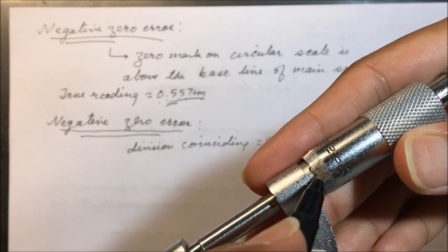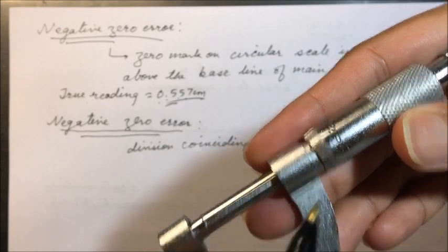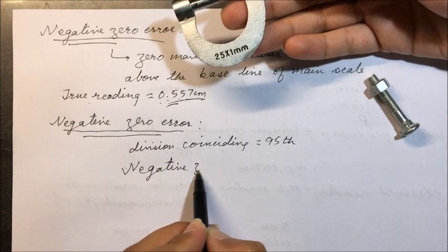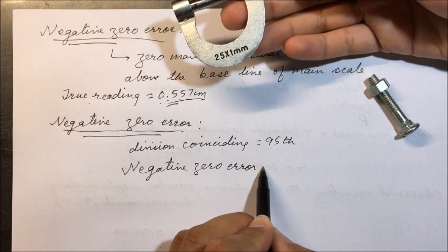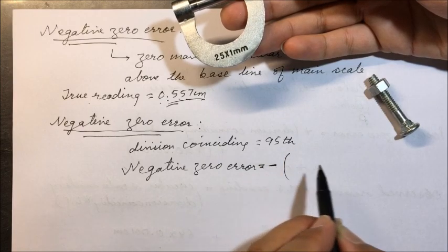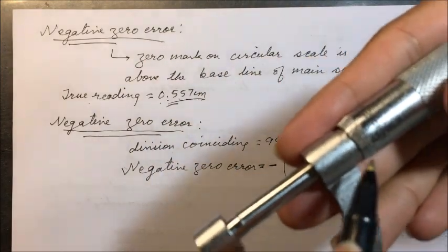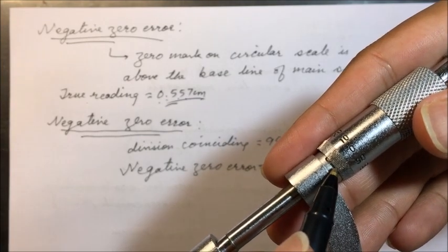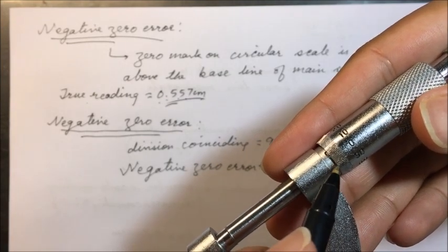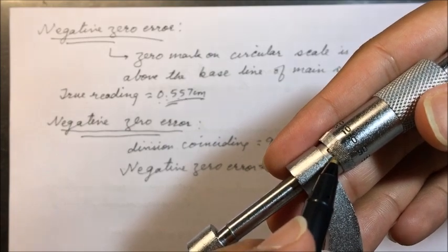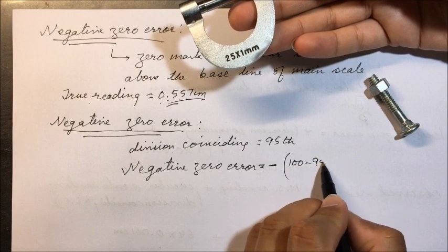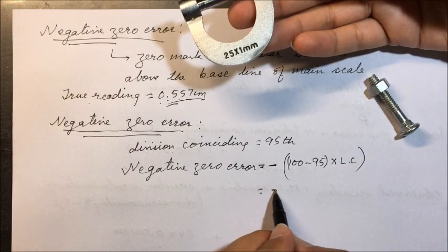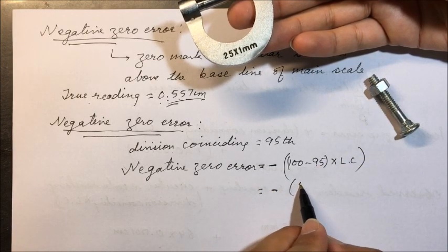So it will be 100 minus 95. The 95th division is coinciding, and we have to calculate this distance from the 95th division to 0, that is 5 divisions. So negative 0 error will be minus of 100 minus 95, 5 divisions, into least count.